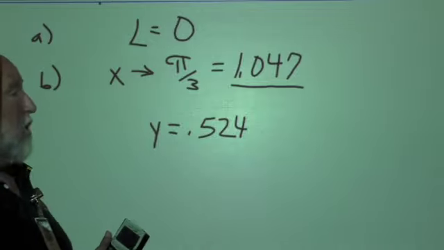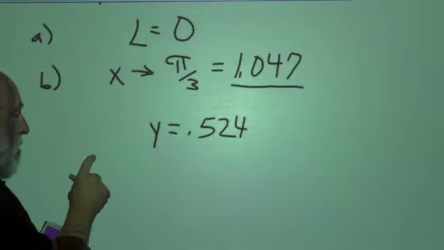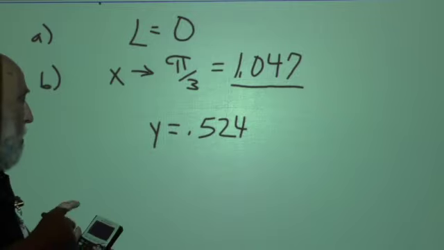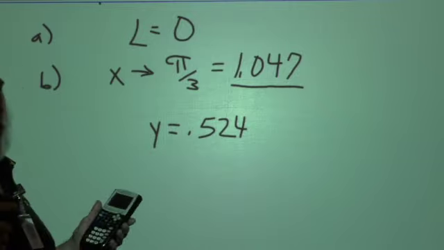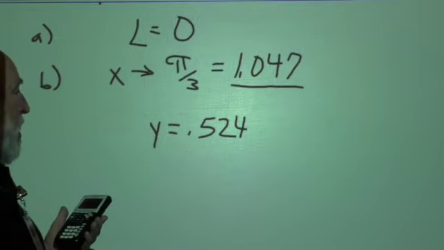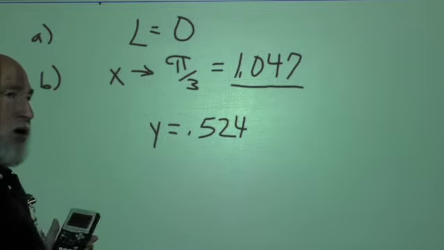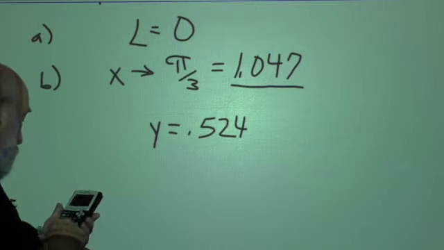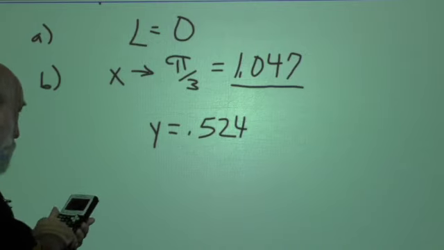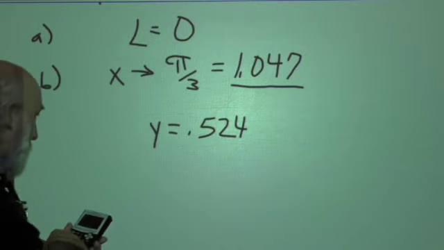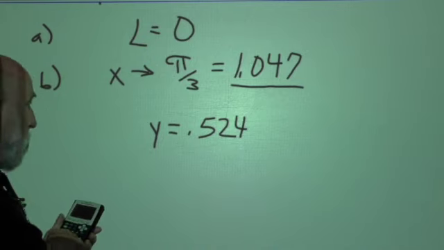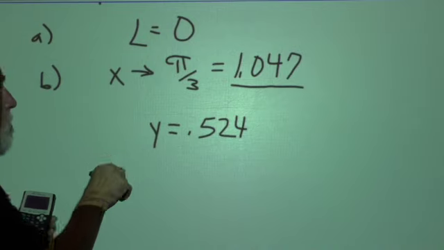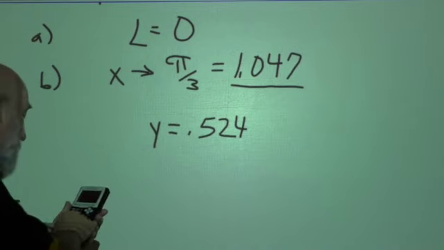In fact, if you go back through and want it in terms of pi, we can find out by going to the calculator. So let's do that and see what happens. I'm sorry, no, let's divide that by pi.